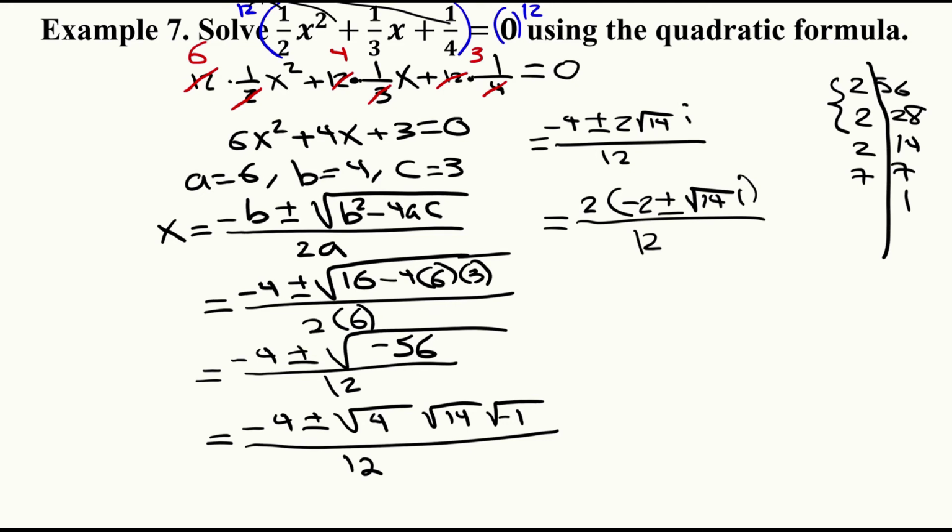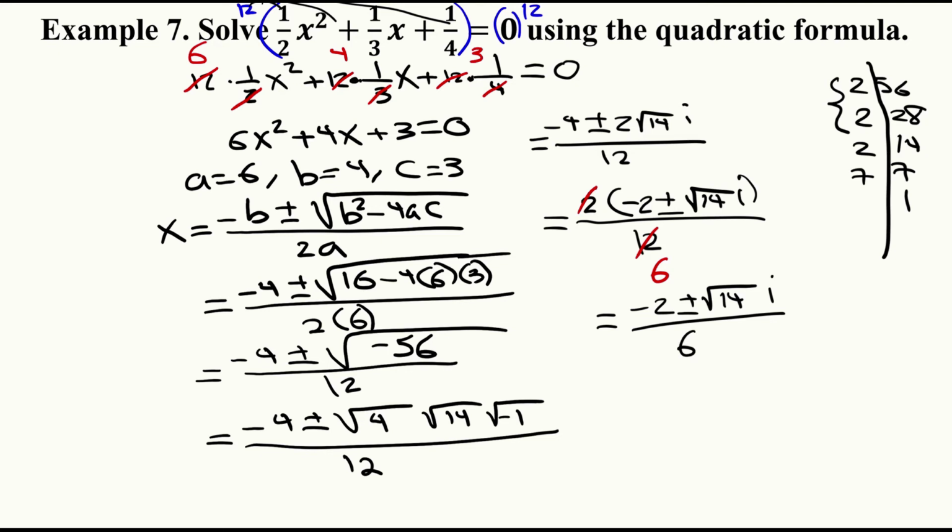Okay, so we notice we can cross cancel the 2 and the 12 to leave us a 6 down here. So we have negative 2 plus or minus square root of 14i all over 6.